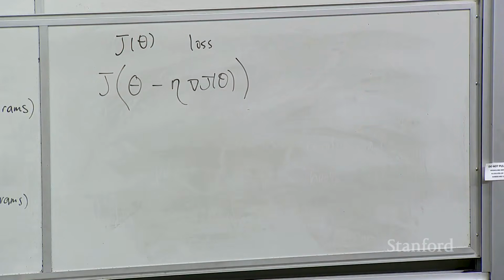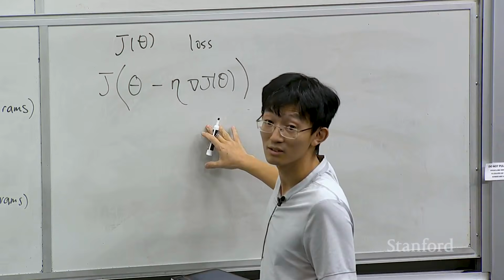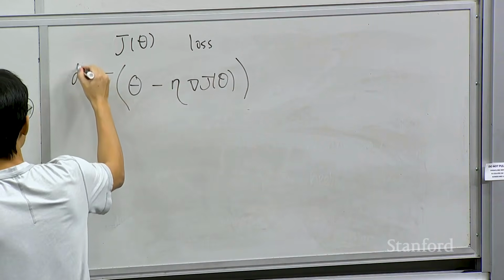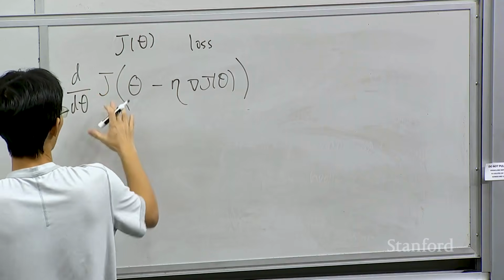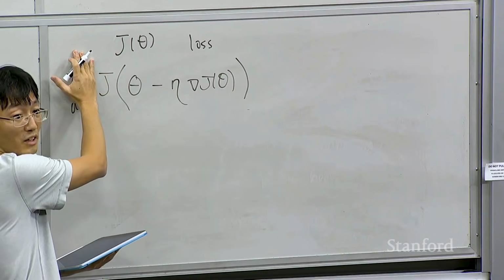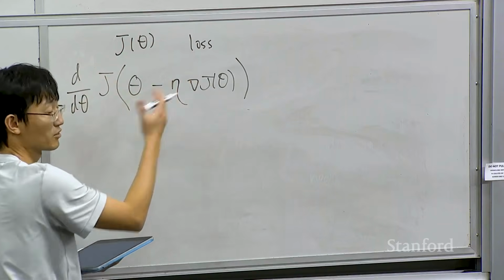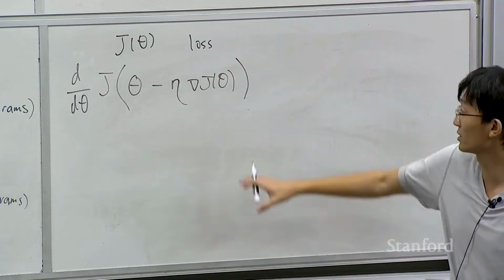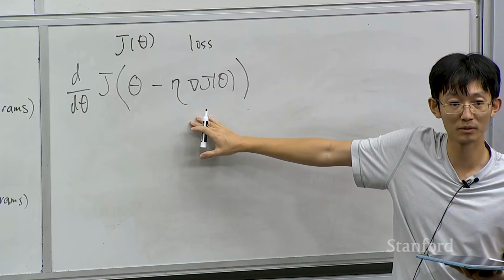If you want to compute the gradient of this with respect to theta, note that this is itself a function of theta, because theta shows up twice, and you can differentiate it through with respect to theta. And this is still efficiently computable.